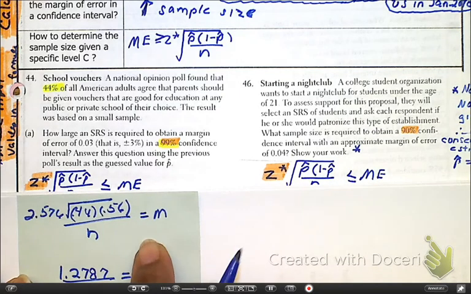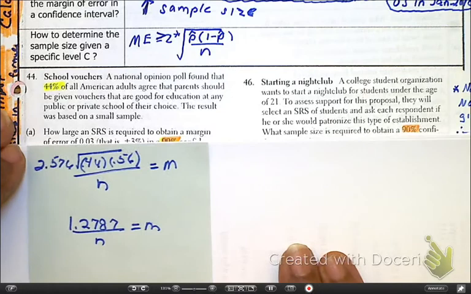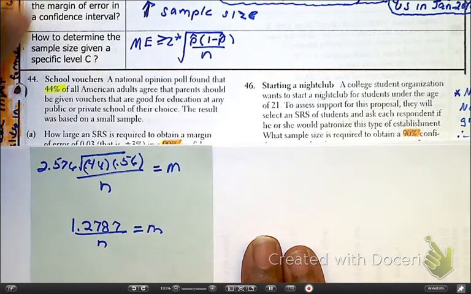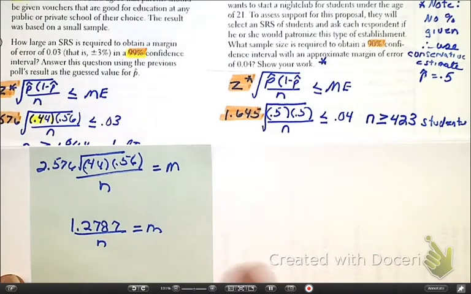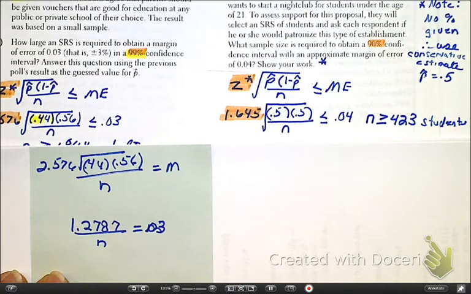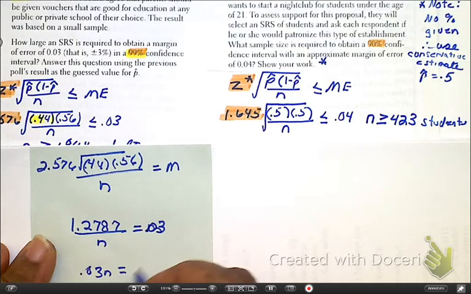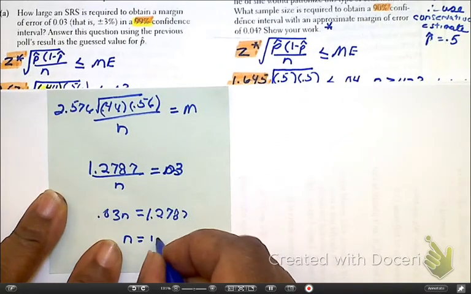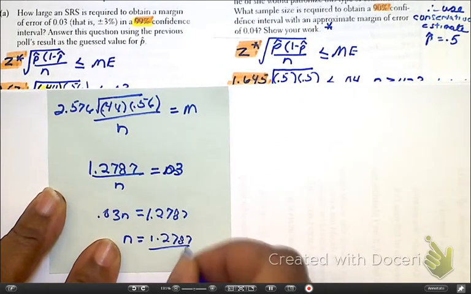Notice that I put equal, and the reason that I put equal is simply because I know whatever my value is going to be for n, it's got to be greater than, so I just choose not to keep it. Okay. Oh, what was my m? My m had a margin of error of 0.03, so 0.03 n is going to equal 1.2787. So n is going to be 1.2787 divided by 0.03.